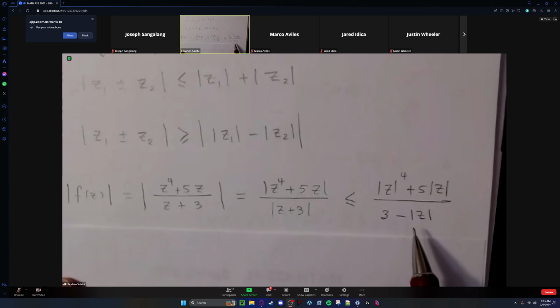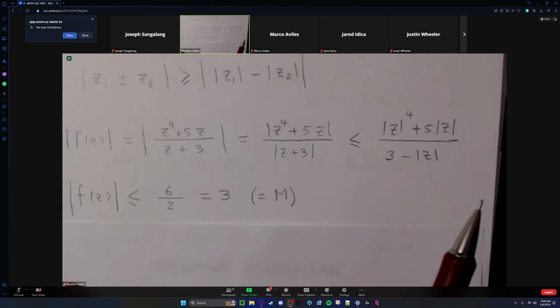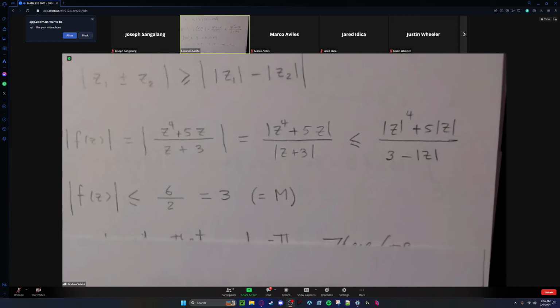Right, now you use the fact that the modulus of z is 1. So here is 1, here is 1, here is 1. So M is 3. And L, of course, I already told you that is the perimeter, is pi.